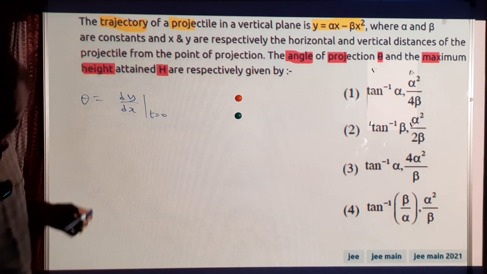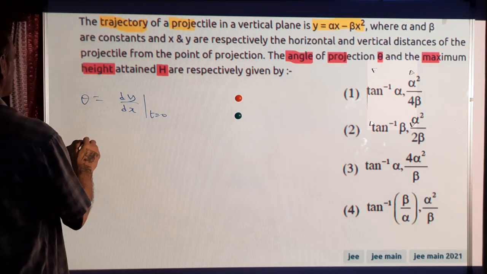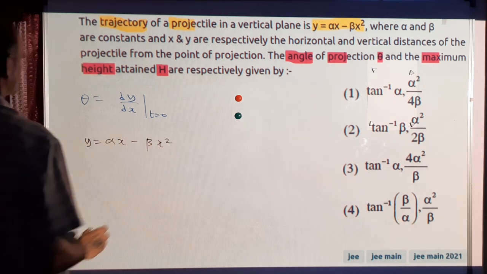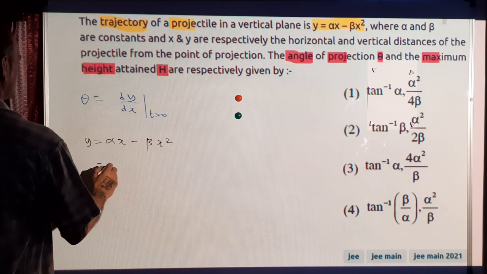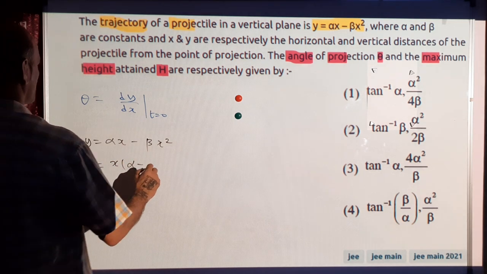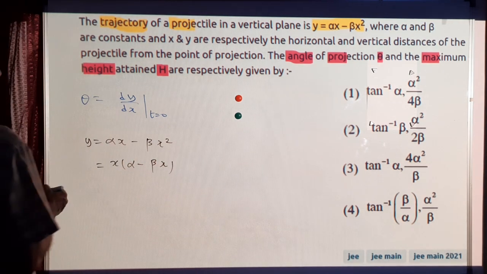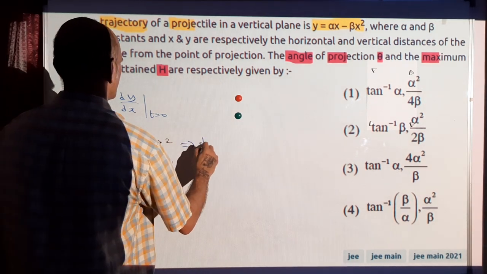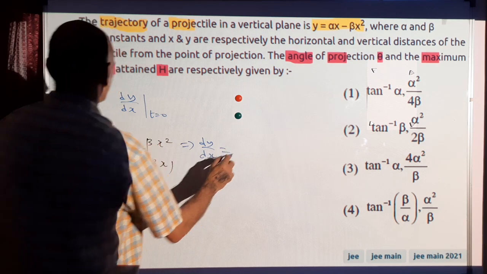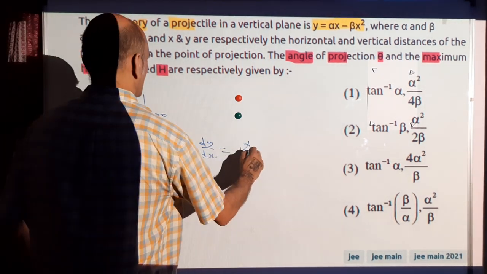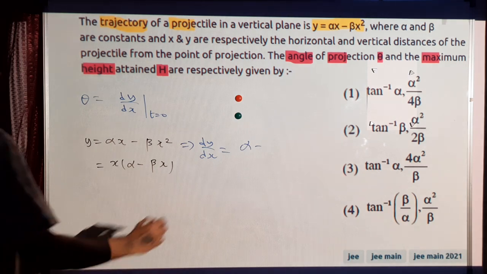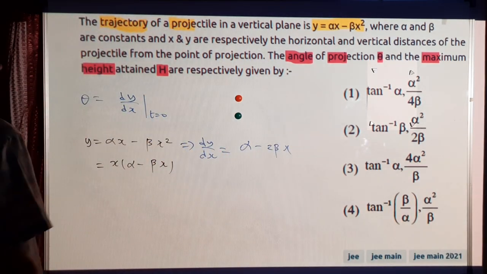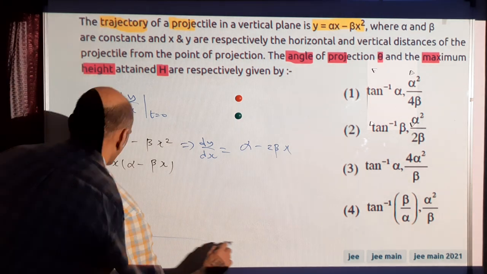So y equal to alpha x minus beta x square. So this is x into alpha minus beta x. From here, dy by dx, you have to differentiate this one, is alpha minus 2 beta x.